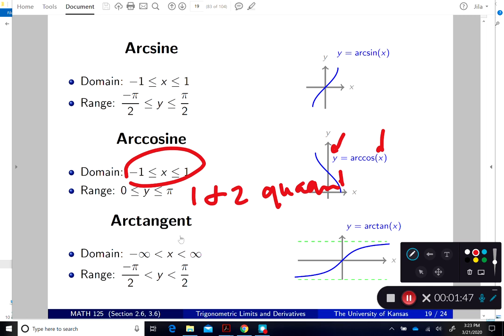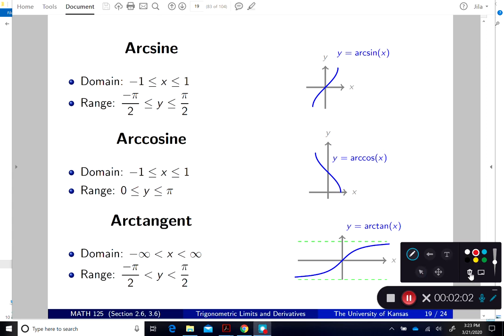For tangent, the output of tangent is between -infinity and +infinity. So the input of arctan is between -infinity and +infinity. Again, this is because the arc functions, arcsine and so on, are inverses of a piece of their trig functions.